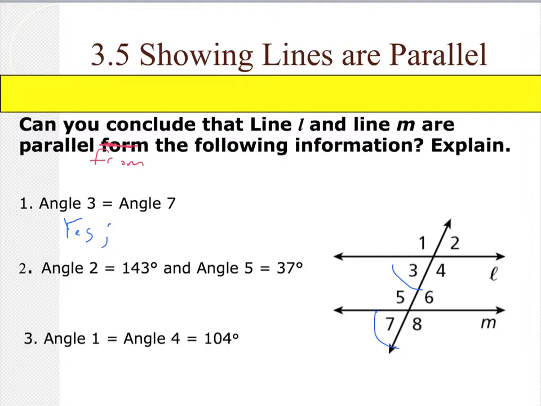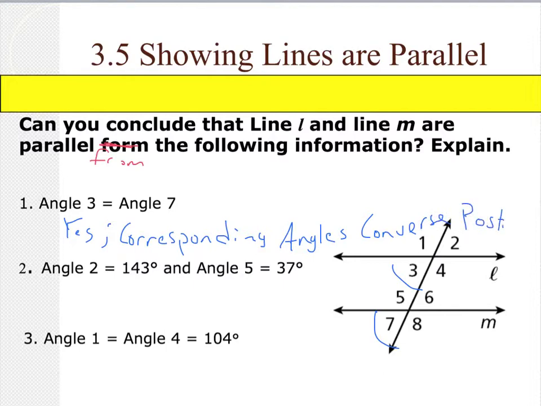Those are corresponding angles, yes. So then we know what? If those two are equal, then the lines are parallel from the corresponding angles converse postulate. And I'm just going to write post on the end.